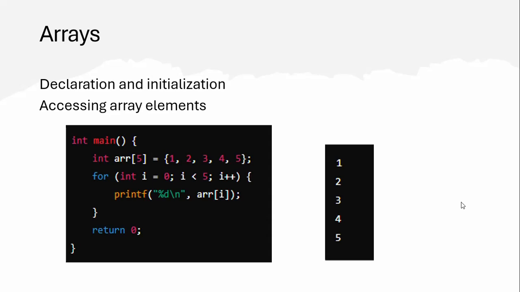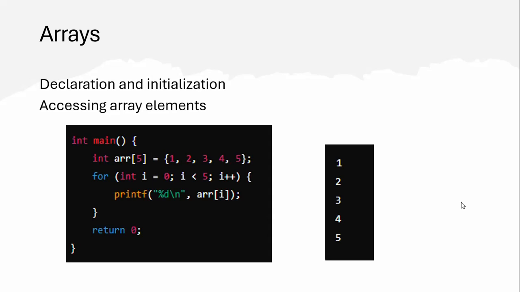Using a for loop we are accessing the array elements: for int i equal to 0, i less than 5, i plus plus. This is a basic for loop like we saw earlier. This will print every element in the array. Array of i in the square brackets represents that we are accessing using indexing.